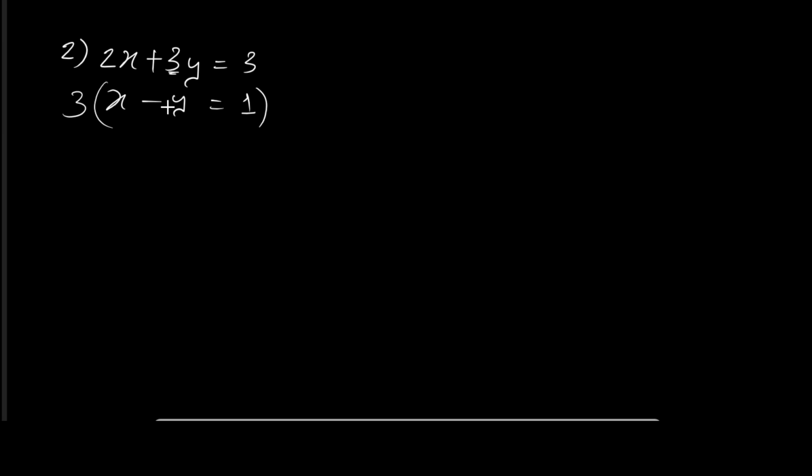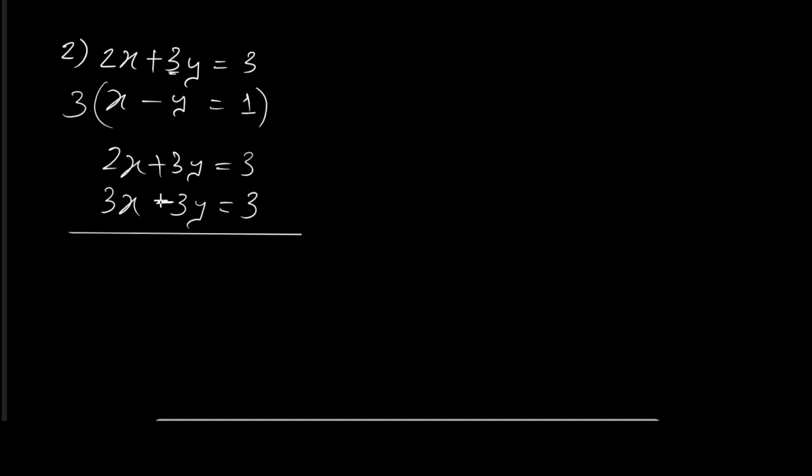So I'm going to rewrite both of these equations, which is 2x plus 3y equals 3. So now I'm going to multiply this. So 3 times x gives us 3x, negative 3 times y gives us negative 3y, equals 3 times 1 gives us 3. So let's add these equations.